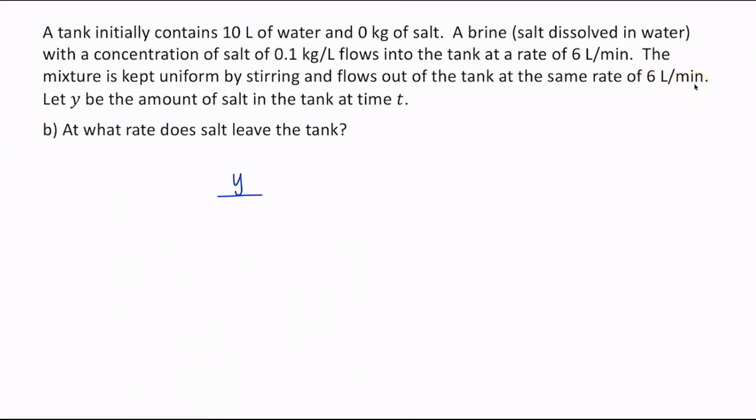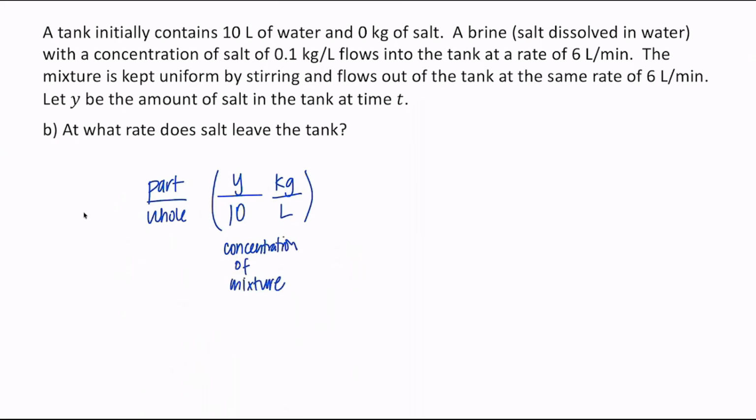So at any given time, there's still only 10 liters of water. So the concentration is y over 10. We're basically doing part to whole: y kilograms per 10 liters. This is the concentration of the mixture.